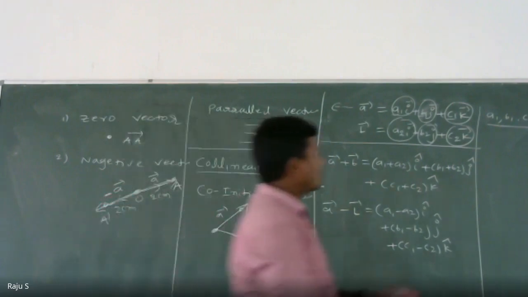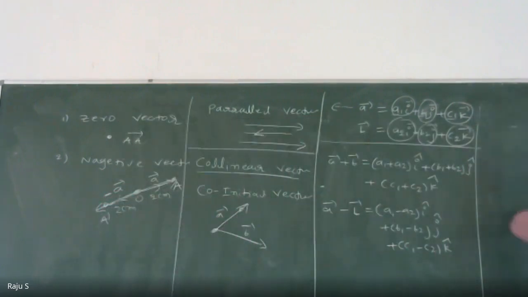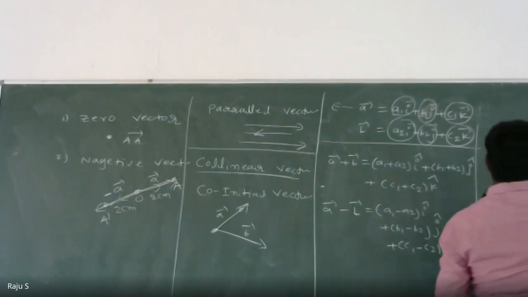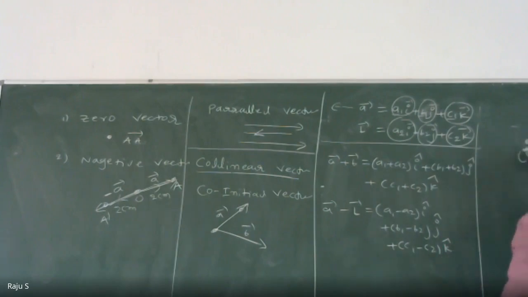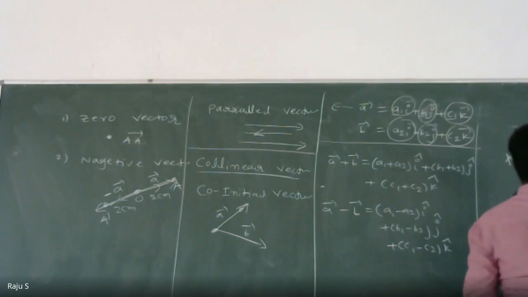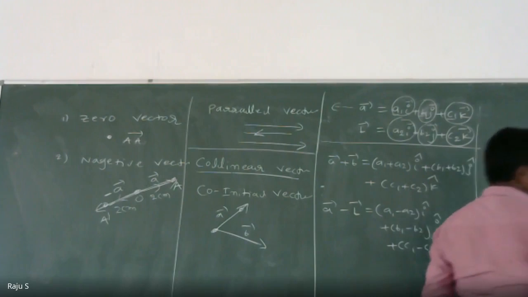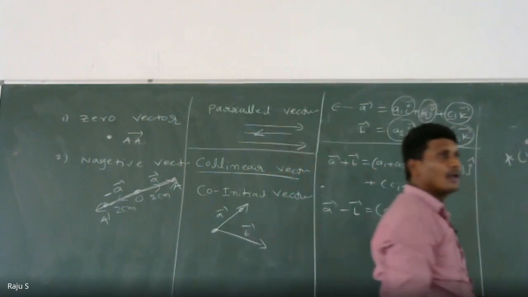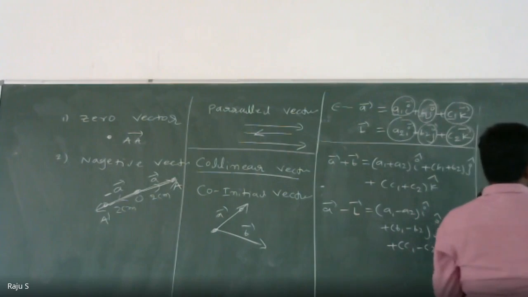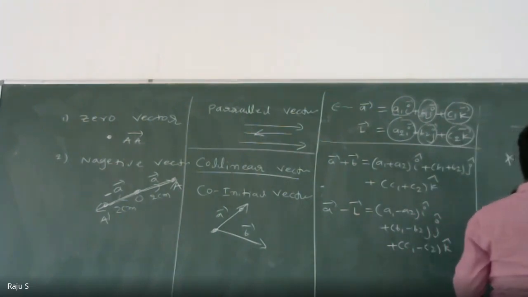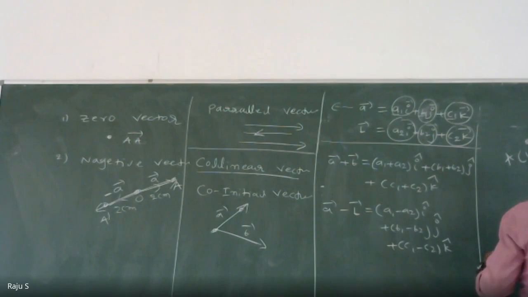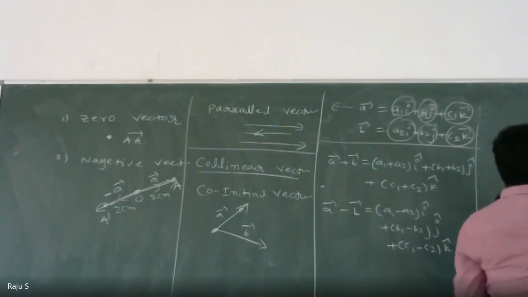Okay, in case they give two important points like initial point and terminal point. The initial point A is 1, 2, 3. The terminal point B is 4, 6, 7. I want to find vector AB. Anyone? What is the vector AB? B minus A, which can be written as OB vector minus OA vector.